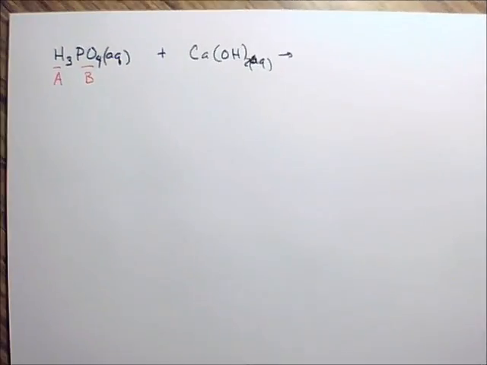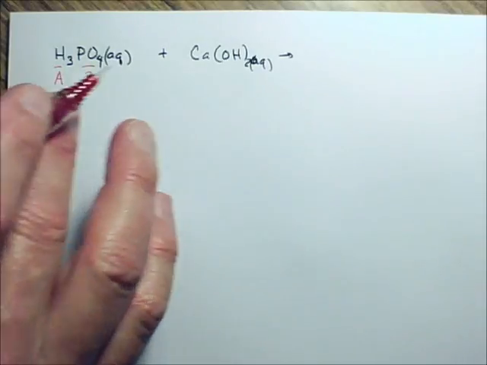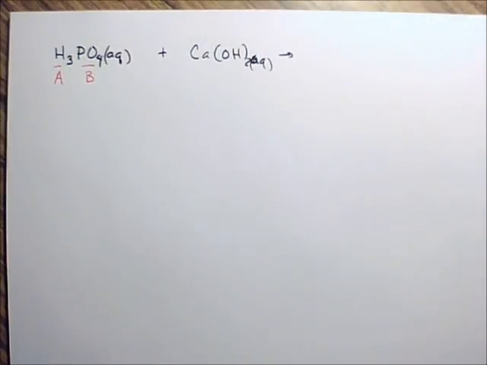If you have more than two elements, where's the first place you look in your test references? Common ions list. So look on the common ions list and see if you can find a part of that formula that is a polyatomic ion. Hydroxide. There's the polyatomic ion. So that's going to tend to stay together from one side of the equation to the other.